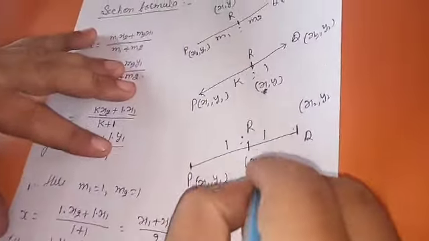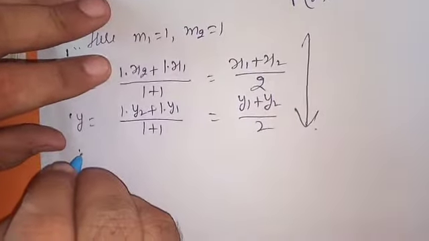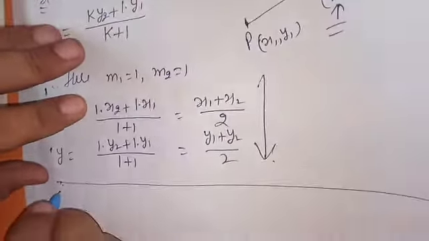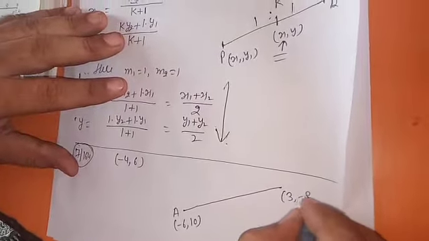Then the next example, example number 7, page number 164: In what ratio does the point (-4, 6) divide the line segment joining these points? This is a line segment given, with one point (-6, 10) and the other (3, -8).